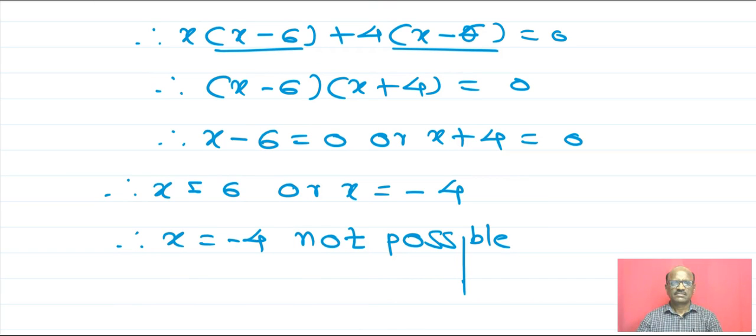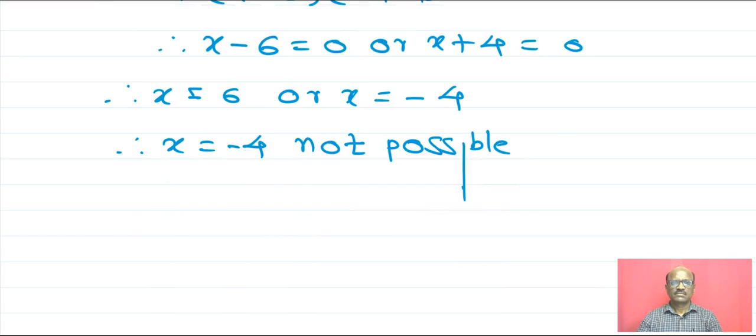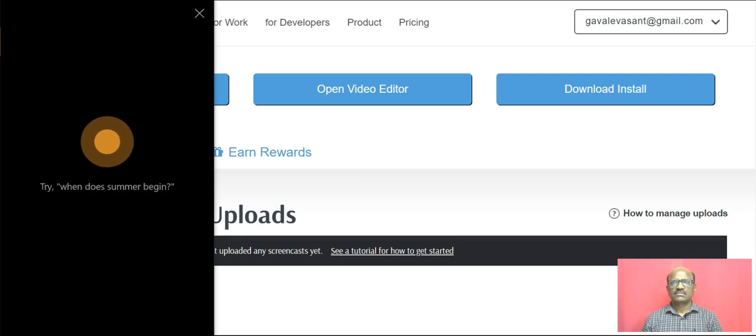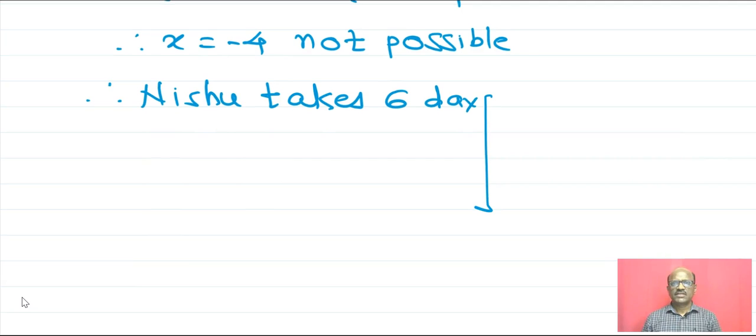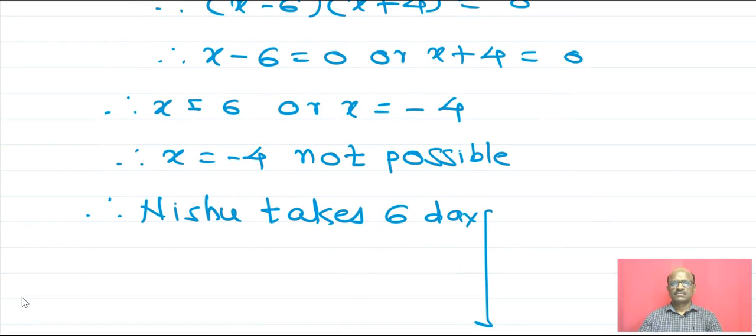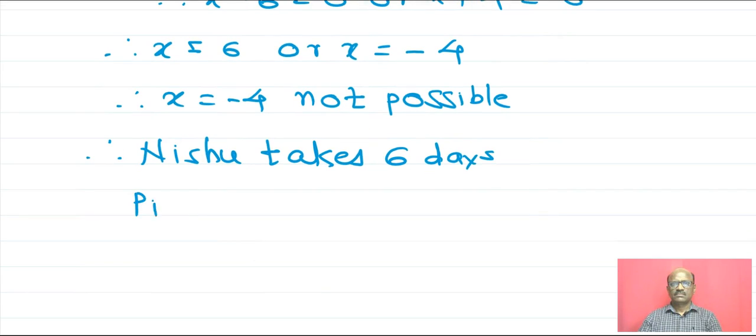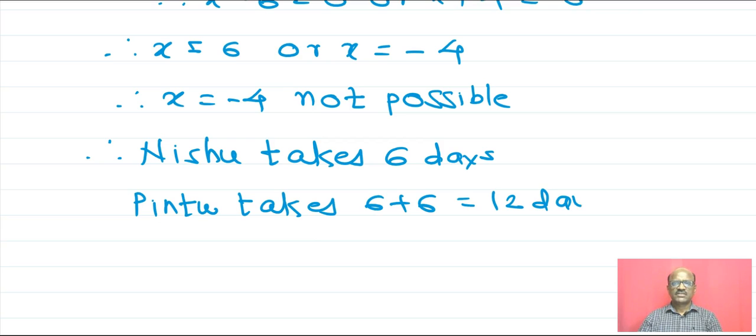Therefore, we should take 6 days, and P2 takes 6 plus 6, that is 12 days.